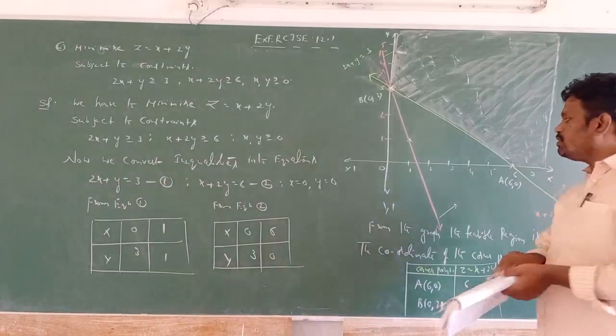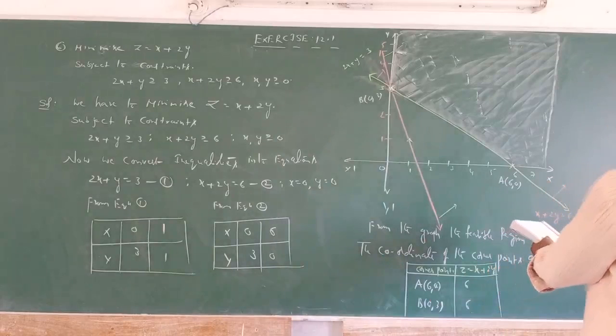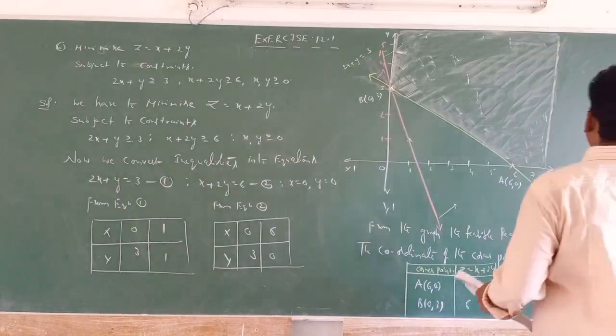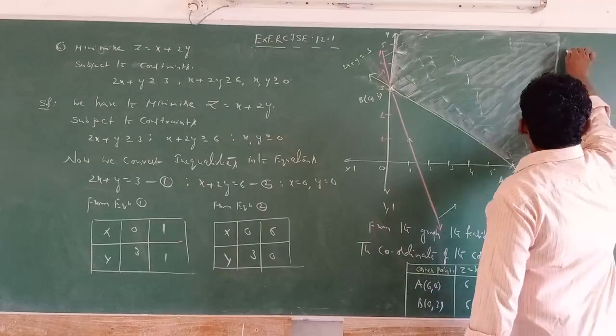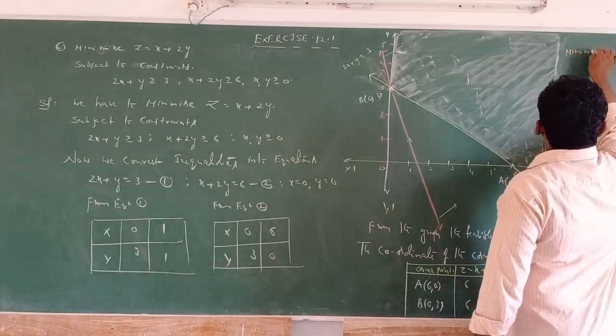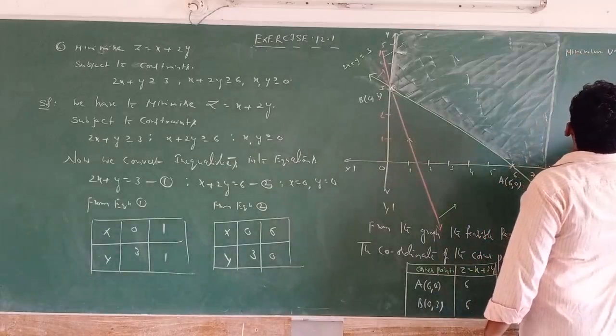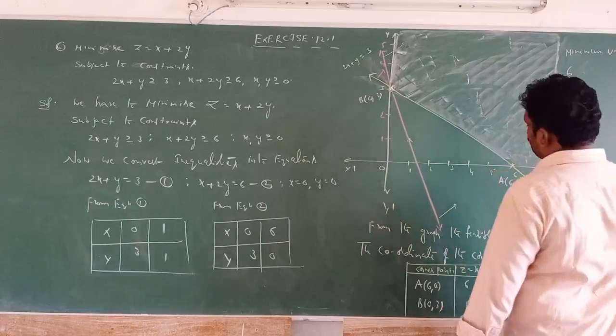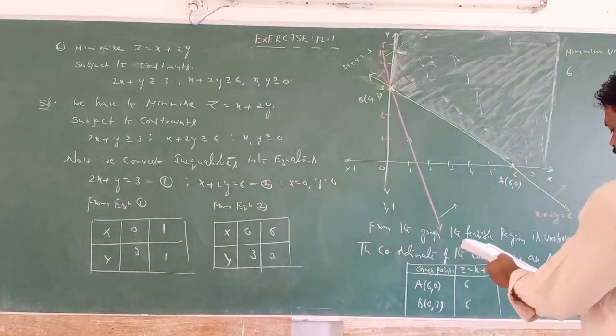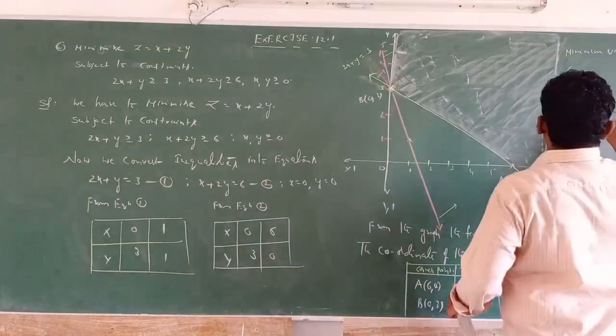So the final conclusion: the minimum value of Z is 6.